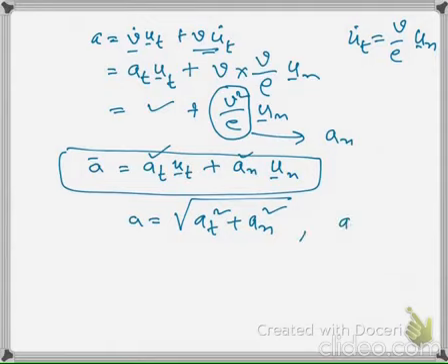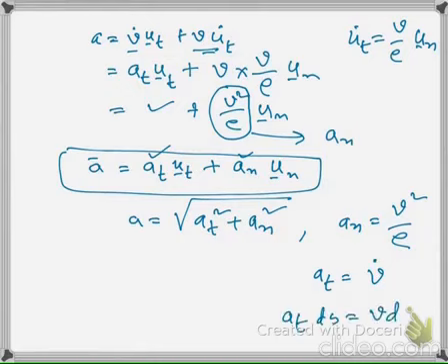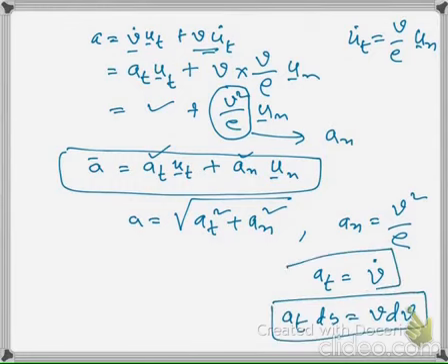where an equals v square over rho, at equals v dot, which can also be written as at ds equals v dv, which we derived in an earlier lecture.